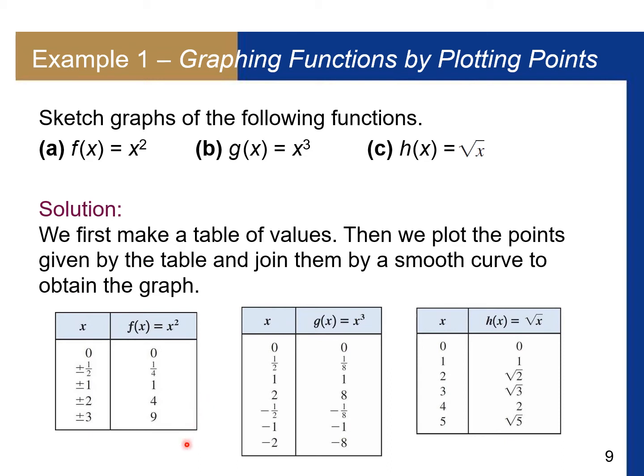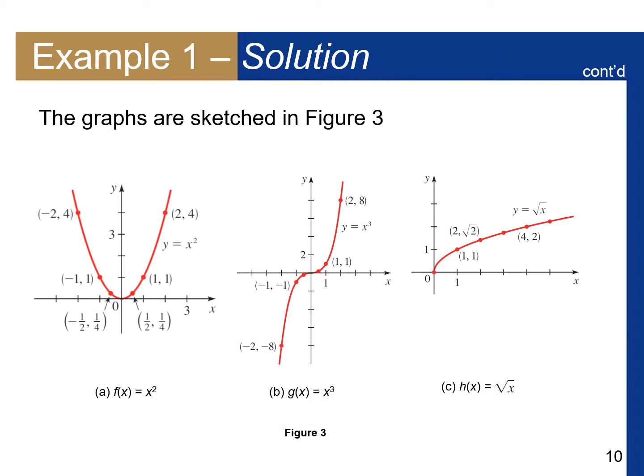I will point out over here, notice they have plus or minus 1/2 giving 1/4, and plus or minus 1 giving 1, and that's because it's a symmetric graph. The y values are the same for the positive and negative values of x. Here are the graphs.